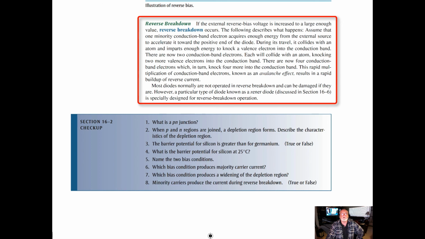Most diodes normally do not operate in reverse breakdown and can be damaged if they are. However, there is a particular type of diode we will learn about called the Zener diode. It's specifically designed for reverse breakdown operation.